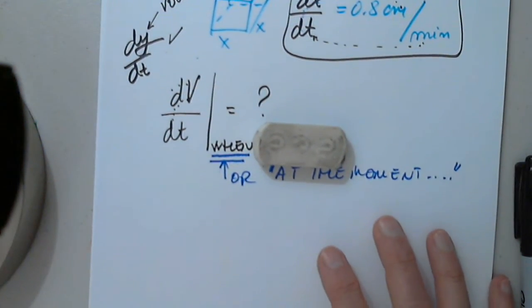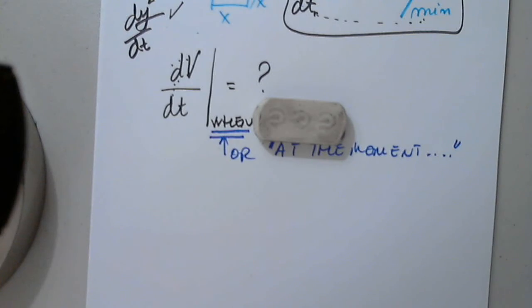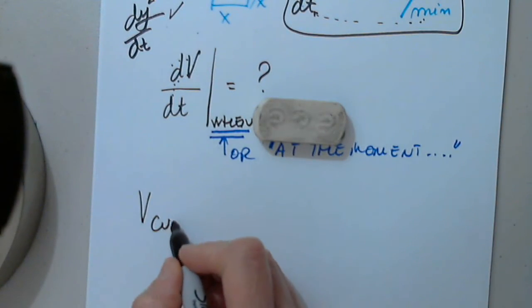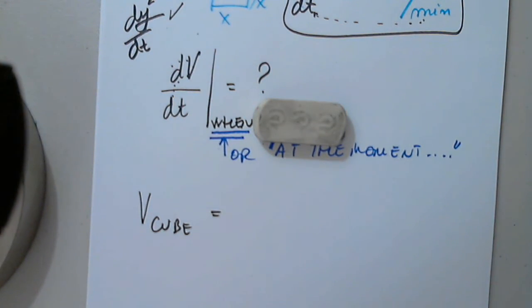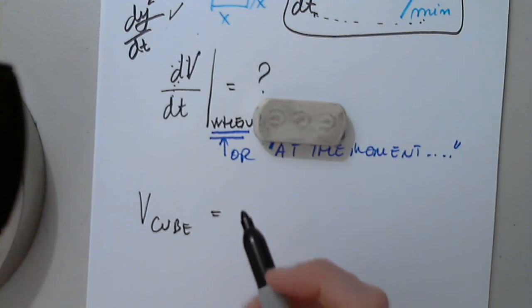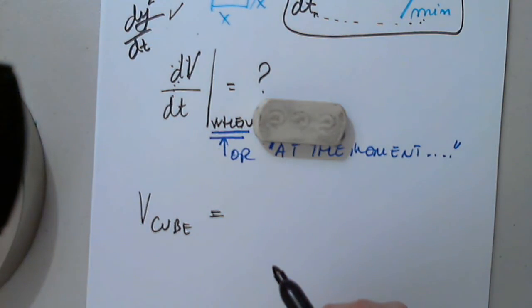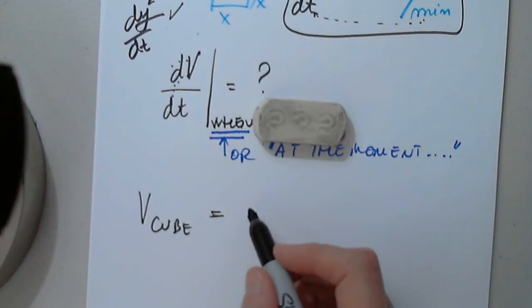Can anyone give us the formula for the volume of a cube with side x? Is it x to the third?